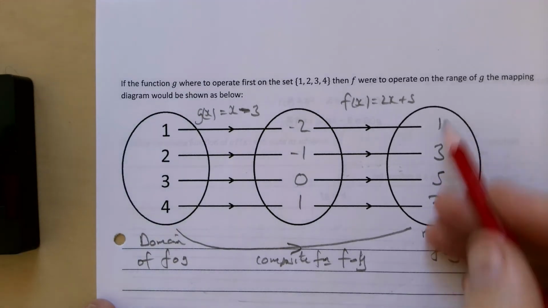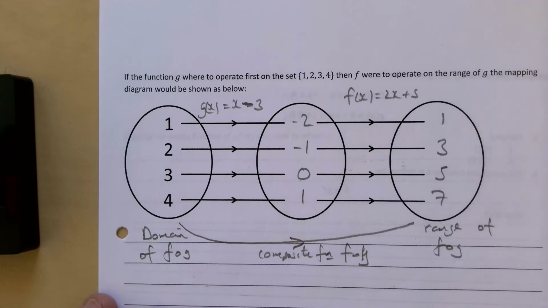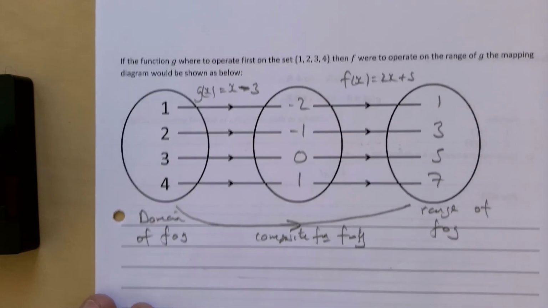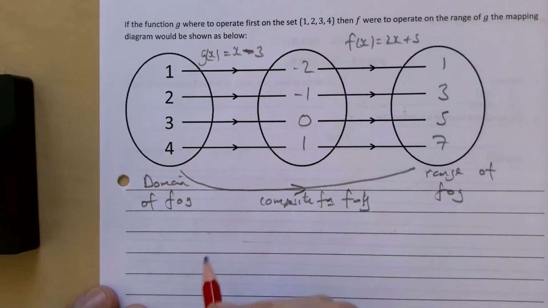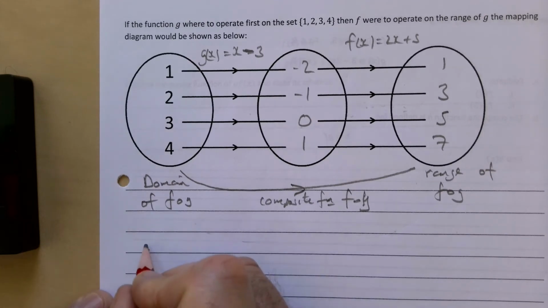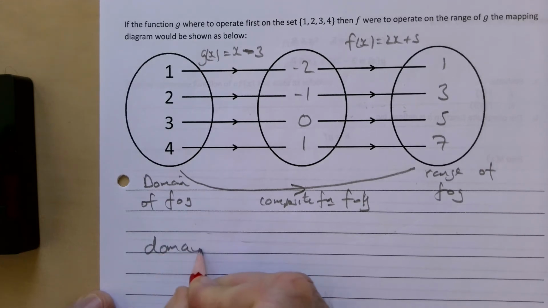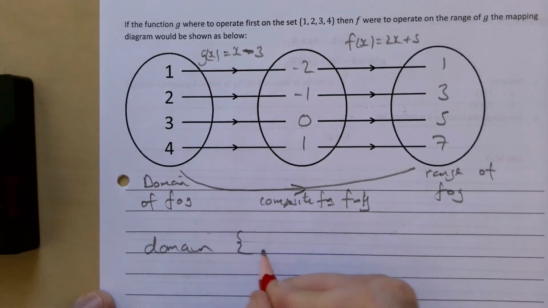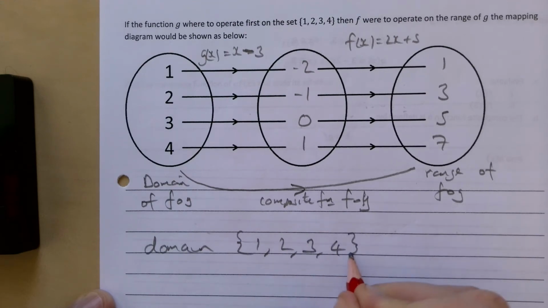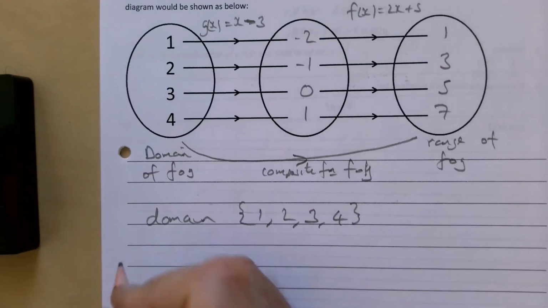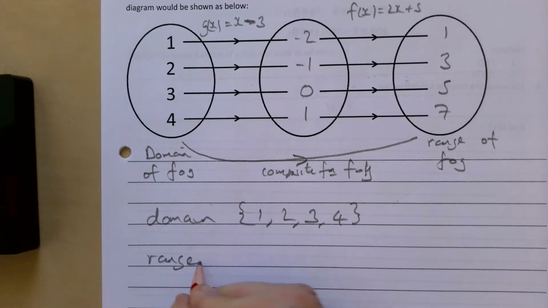And as you can see, these numbers 1, 3, 5, 7 are different from our 4, 6, 8, 10, so it is of course a different function. In this case, our composite function has the same domain, obviously we're starting with the same numbers 1, 2, 3, 4, and my range in this case is 1, 3, 5, 7.